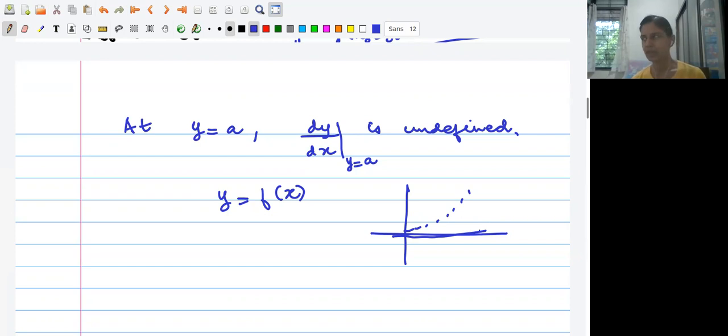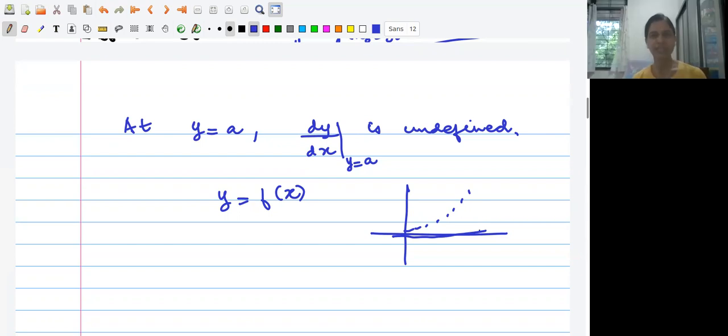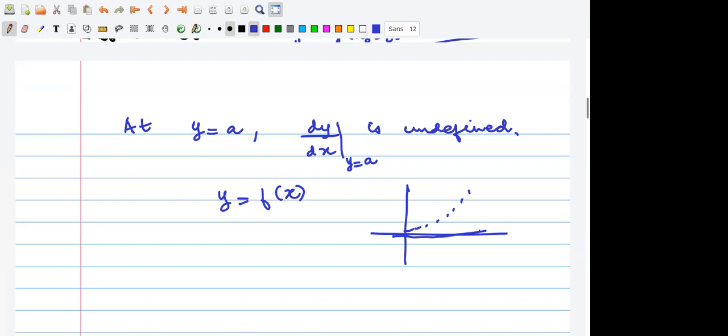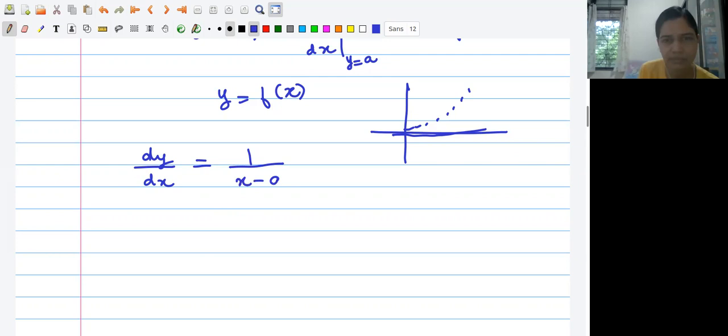Yes, ma'am. I think maybe if I get an example, we can understand better. Let's assume dy by dx is equal to 1 upon x minus a, or let's say x minus 2.